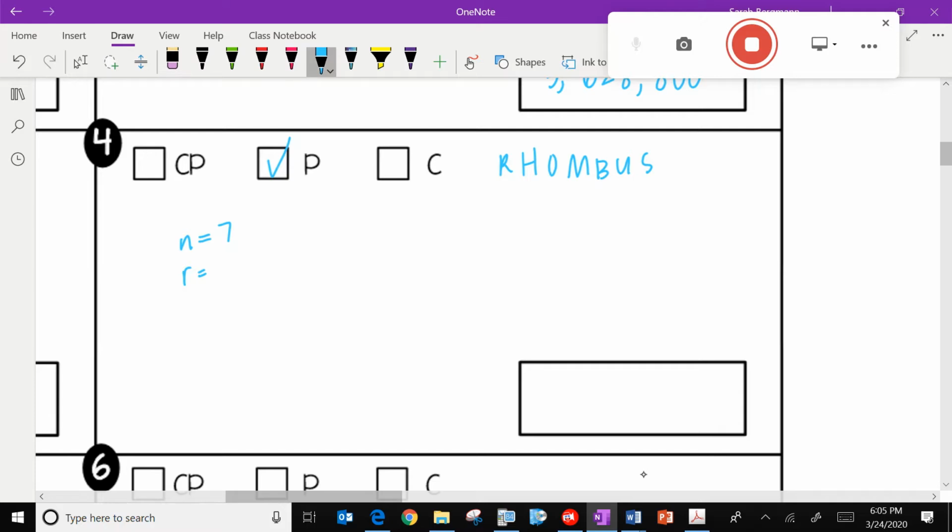Let's read that question a little more carefully. It says the number of 4-letter arrangements, so we're only putting 4 of them in order. So what we want to do is 7P4. There are no repeated letters in the word rhombus, so we have nothing to divide out. So your answer is 840.